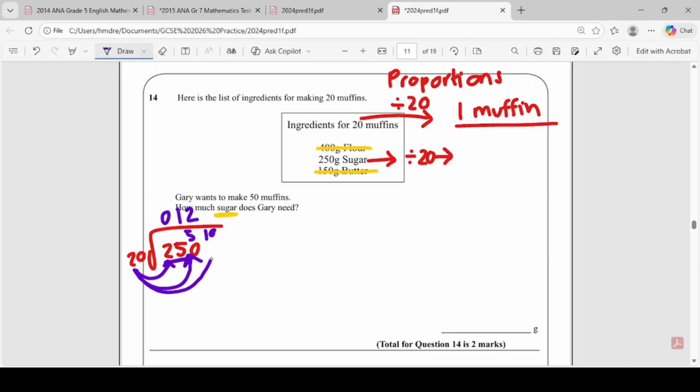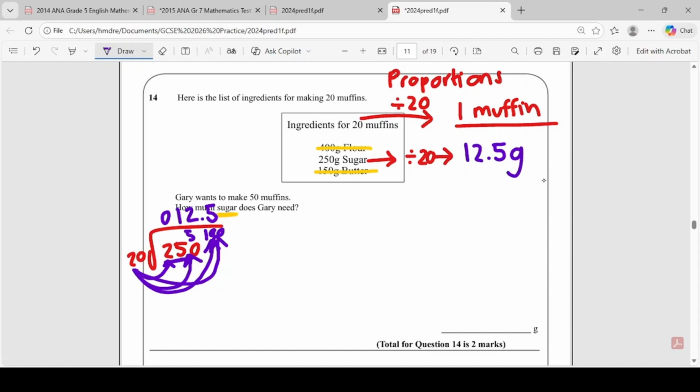Can 20 go into 10? No, it can't. So I'm going to put a decimal place. Add a 0. Can 20 go into 100? Yes, it can. It goes in there 5 times. And so we find for one muffin, we need 12.5 grams of sugar.